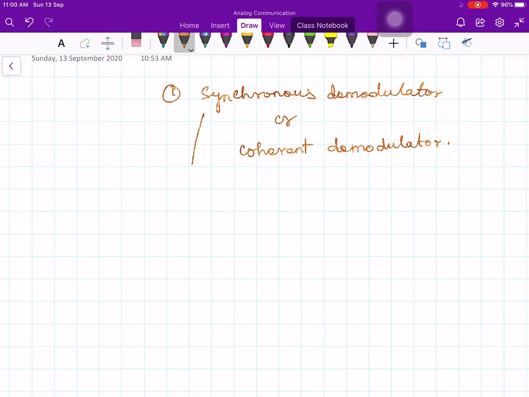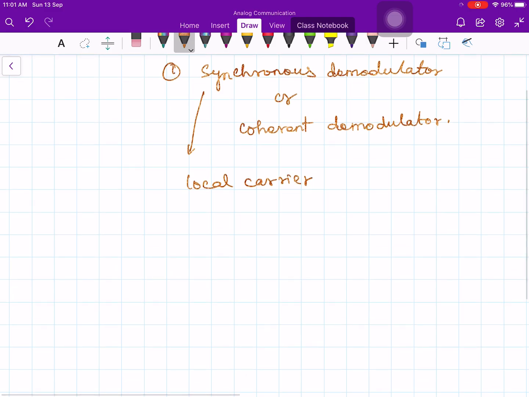The synchronous demodulator requires a local carrier, so without a local carrier, you cannot realize the synchronous demodulator. This local carrier has to have frequency synchronization and phase synchronization. The second one is carrier reinsertion, which we will discuss a little later.